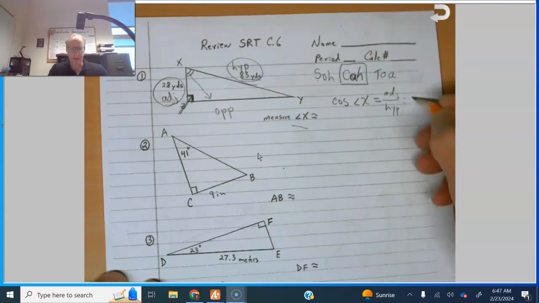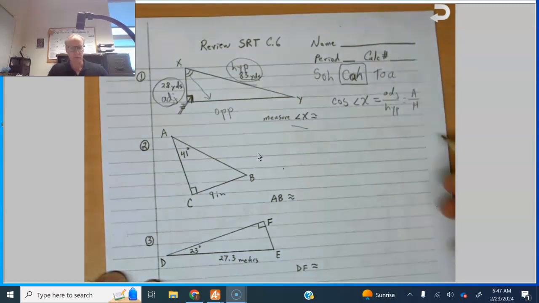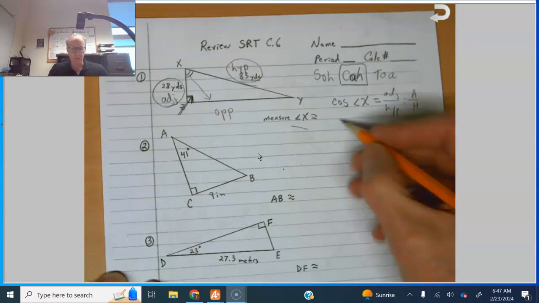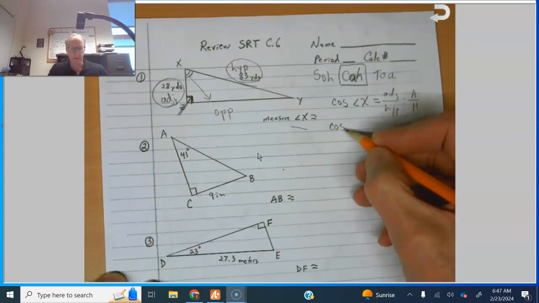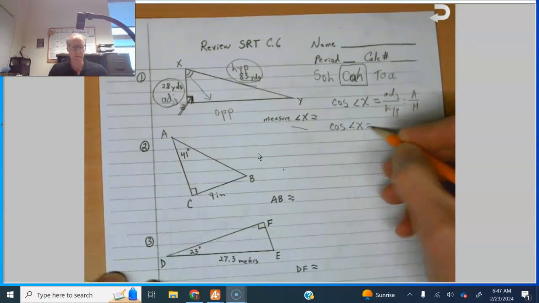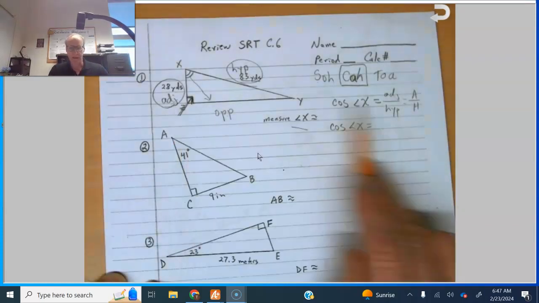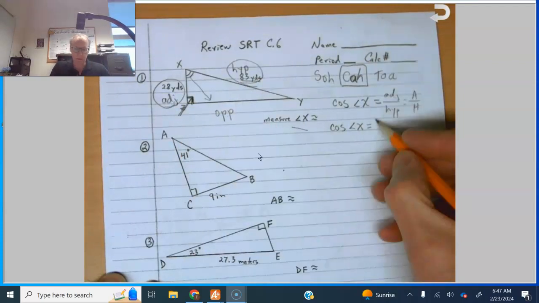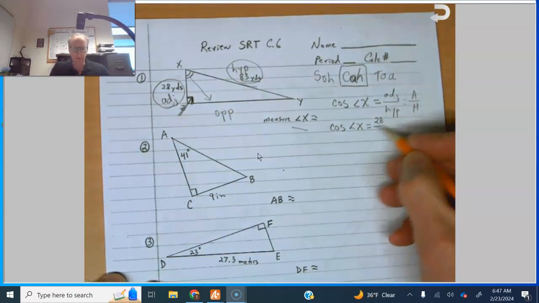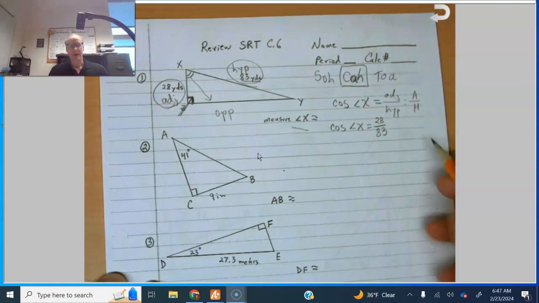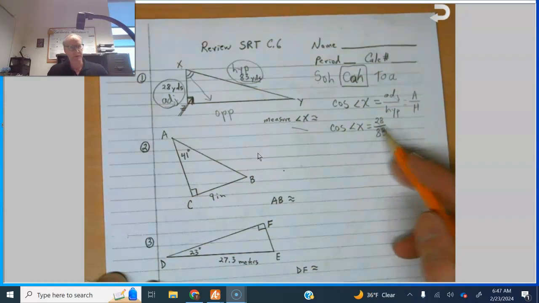That is the A and the H that we're looking at. Well, I'm going to go ahead and rewrite it. Cosine of angle x is equal to the adjacent side, which is 28, and the hypotenuse is 83. 28 over 83.